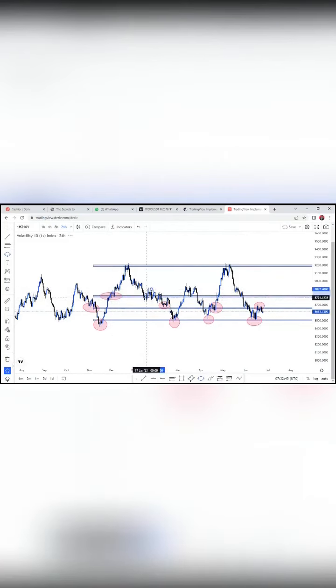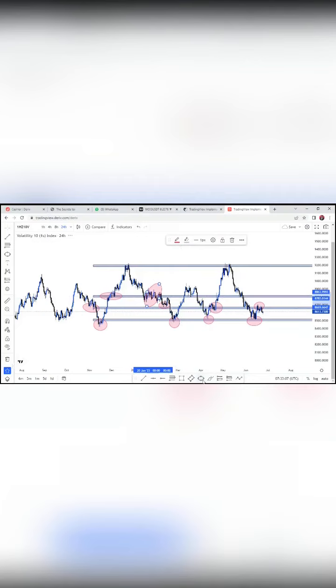A tap here, all these places are reactions from this zone. The market wasted a lot of time here because that was a very strong support that never wanted to break. But the sellers were too much. The sellers were more than the buyers. That is the reason why the market broke that support.